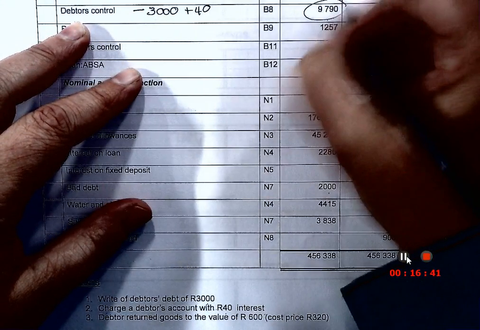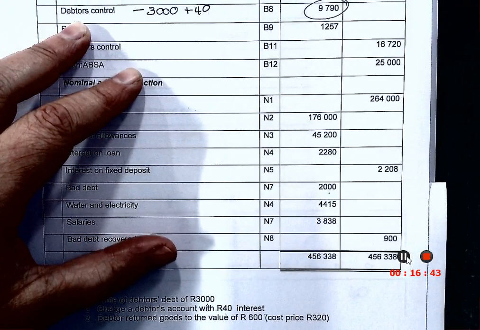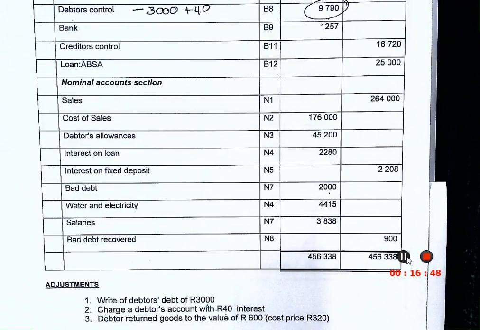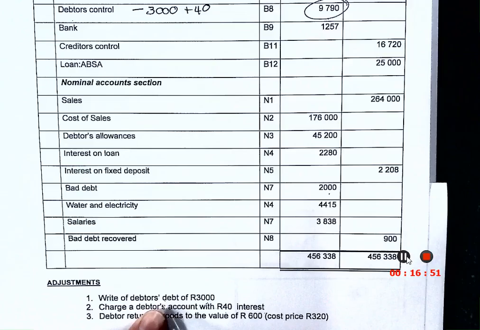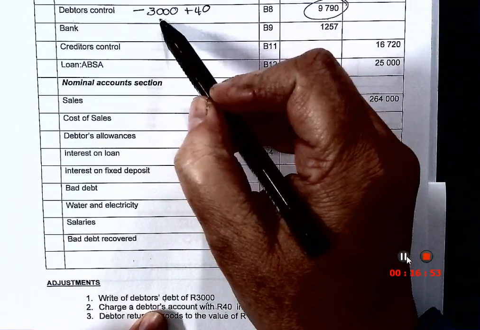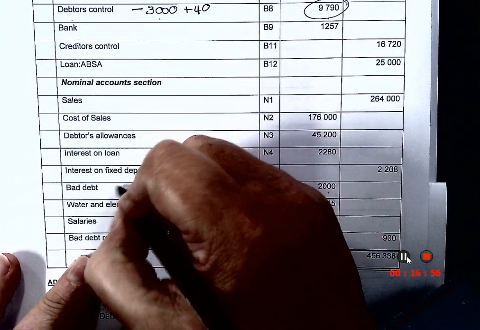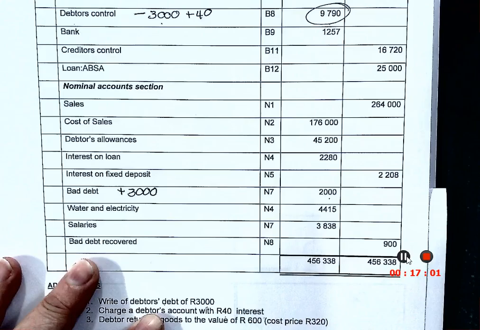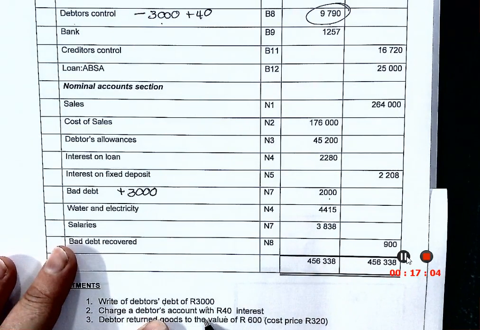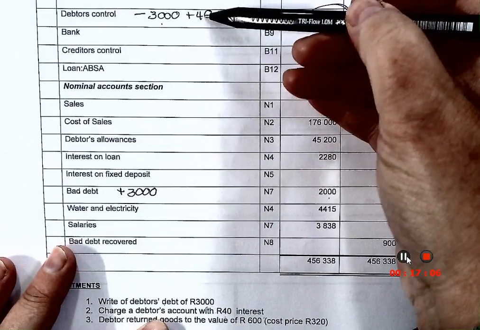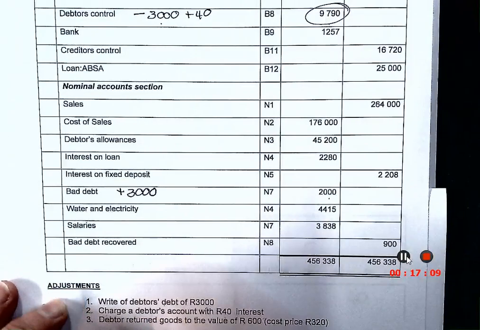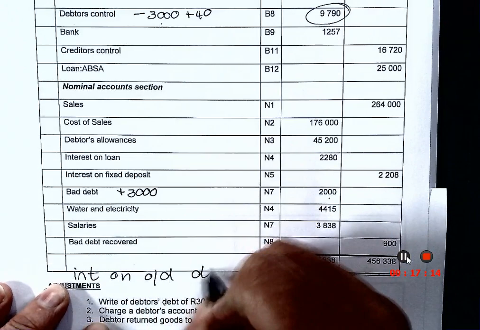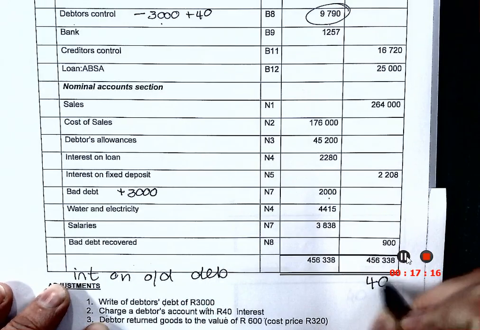I just want to change that amount. With the bad debt, your debtors will decrease and the bad debt will increase because my expense becomes more. When I charge a debtor's account with interest, the debtor's debt will increase, and now I have an extra account here that's not here. Interest on overdue debtors must still go in, 40 Rand.